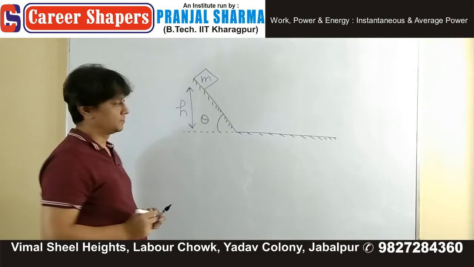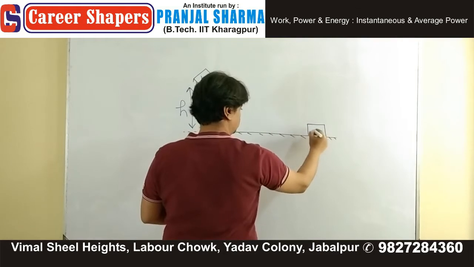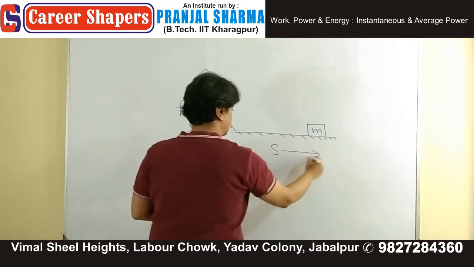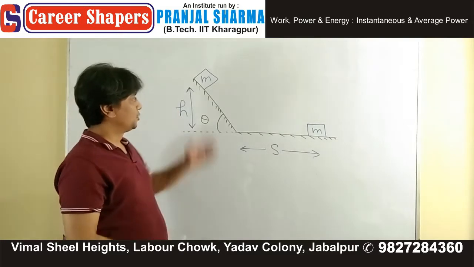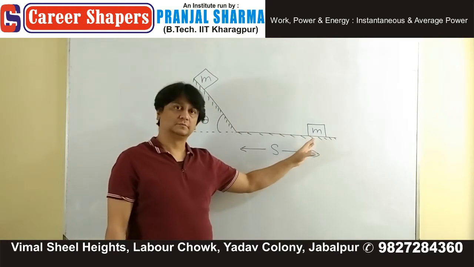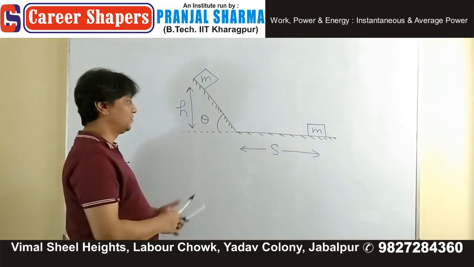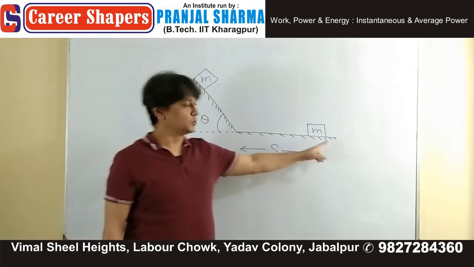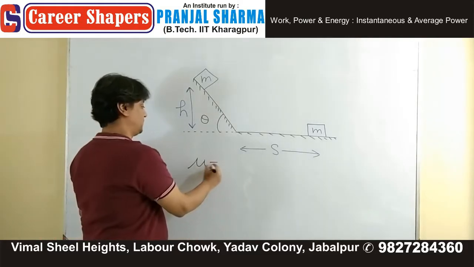This is h. And ultimately it is found over here at a distance of s. So you release it from this point and finally it is found over here. Coefficient of friction everywhere is mu. Question is, find out mu.